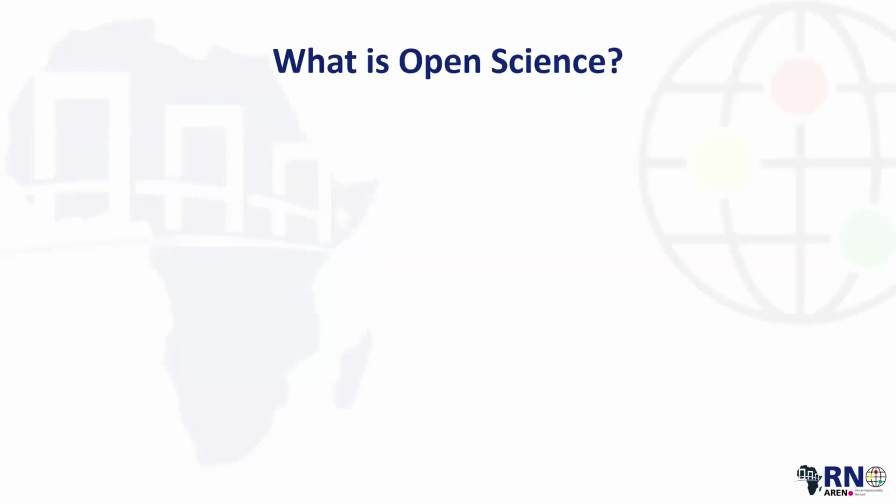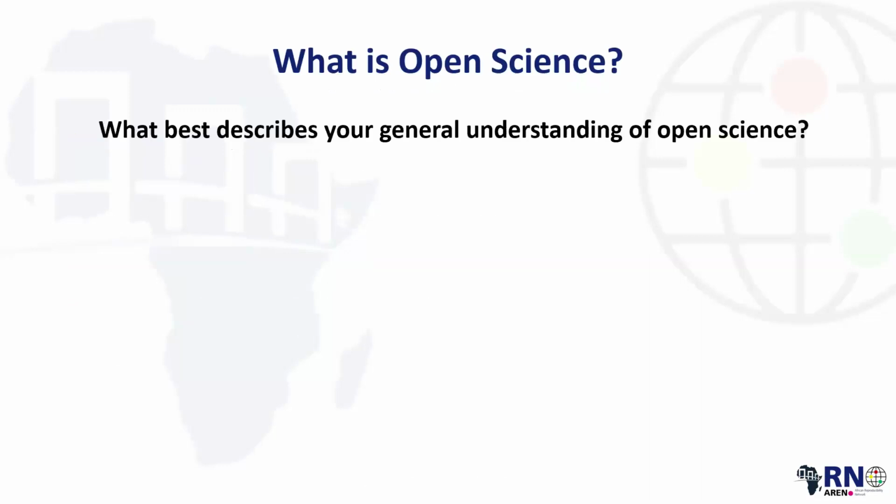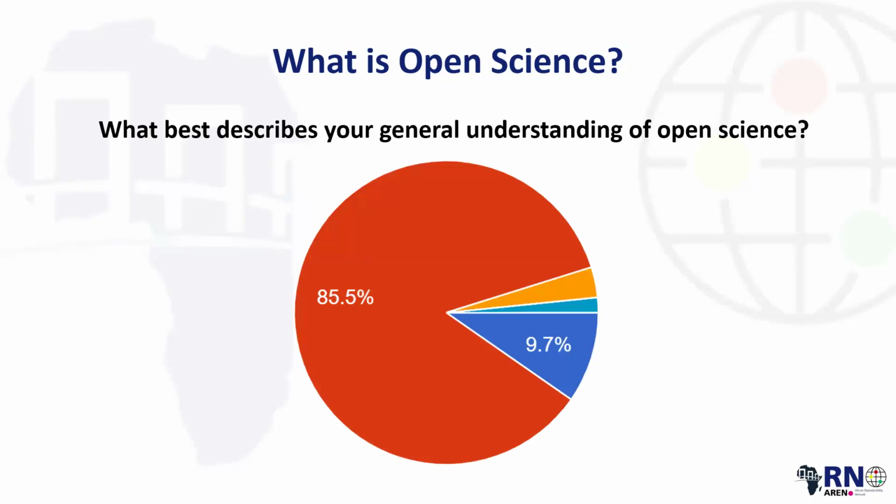So first of all, what is open science? If you remember, if you filled the pre-training survey, and I hope all of you did, and all of those who didn't, please fill it out because it will close soon. So we asked you what best describes your general understanding of open science, and these were your responses.